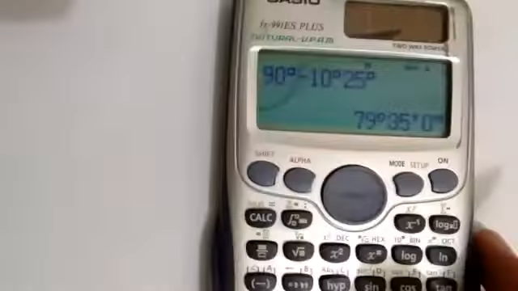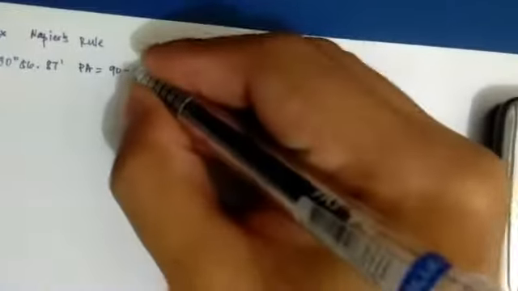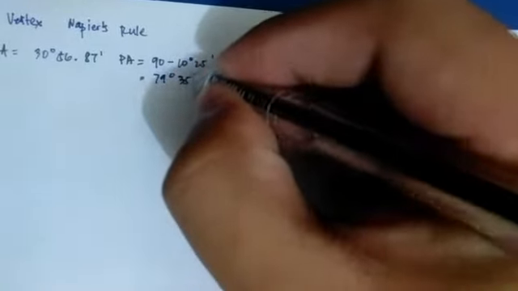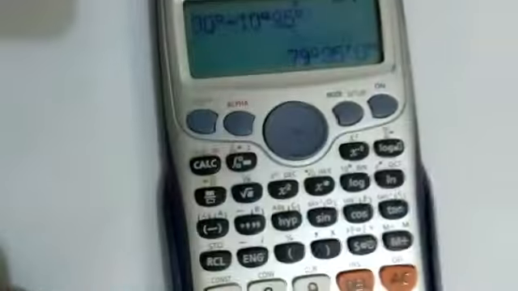So we will get the PA of 79 degrees and 35 minutes.